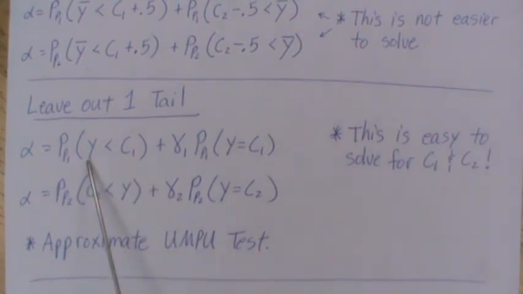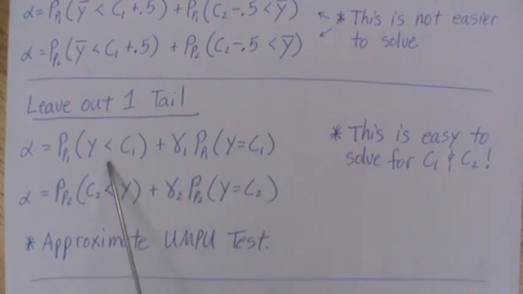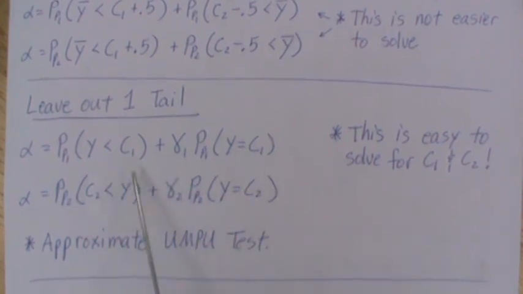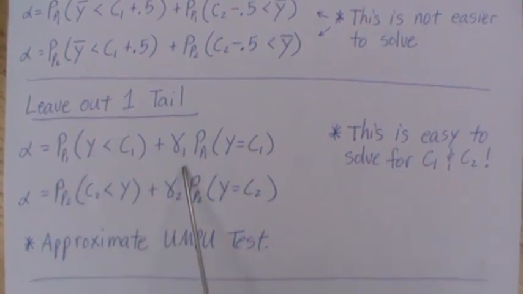So it's the probability our test statistic is less than C1, and then it's y equal to C1 with this probability gamma 1. Now it's easy because you start picking C1s, you increase until this goes over alpha, and then you back it down 1, and then this is known, this is known, this is known, so you can solve for gamma 1. Subtract, divide, boom, there's gamma 1.